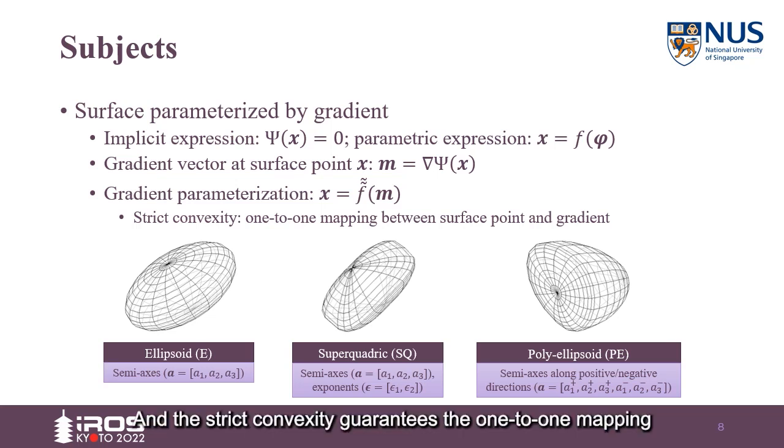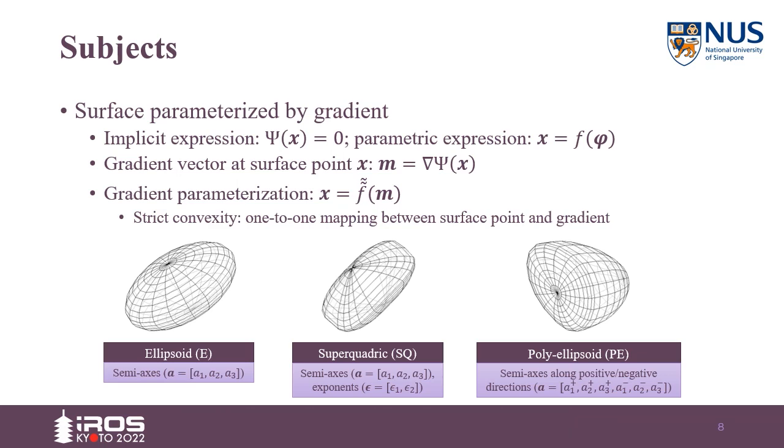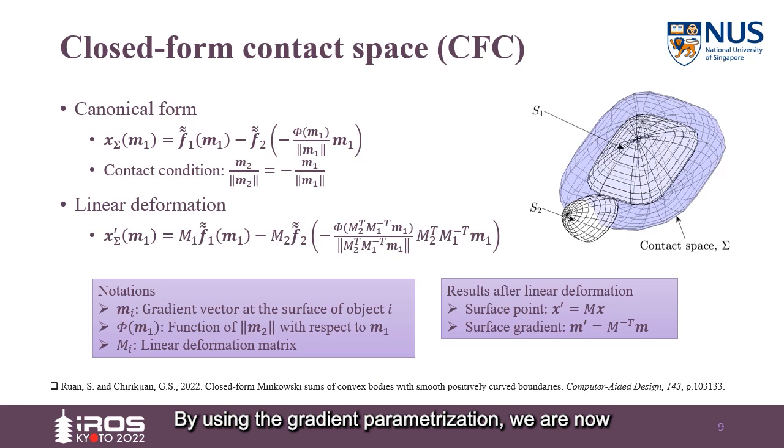The strict convexity guarantees the one-to-one mapping between the surface point and its gradient vector, so that the gradient parameterization is well defined. By using the gradient parameterization, we are now ready to derive the closed form expression for the contact space between two objects.